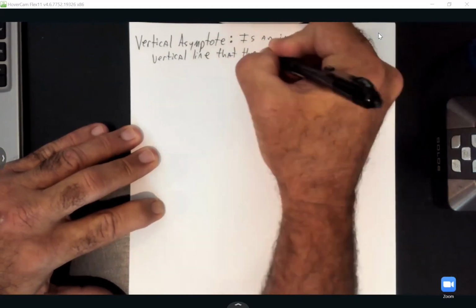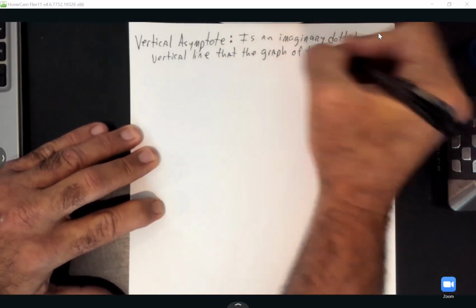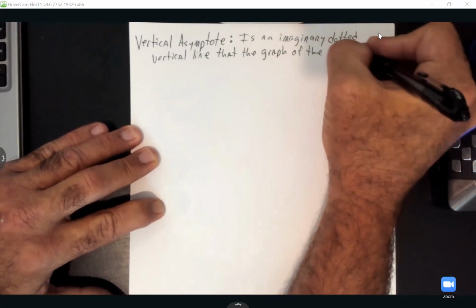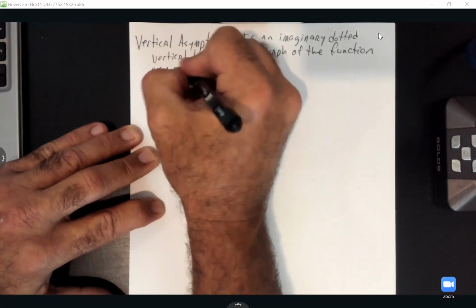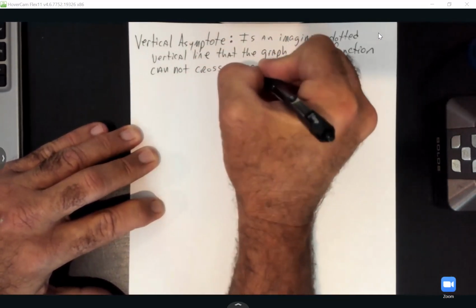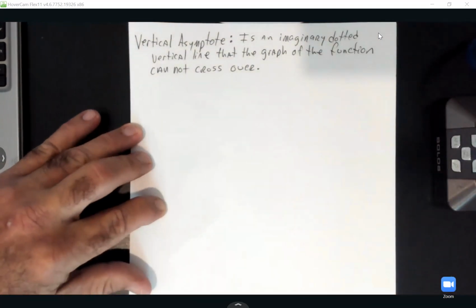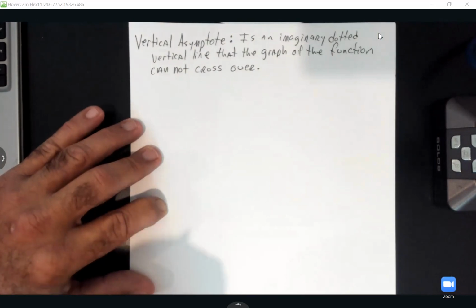graph of the function cannot cross over. So the graph cannot cross over this line.